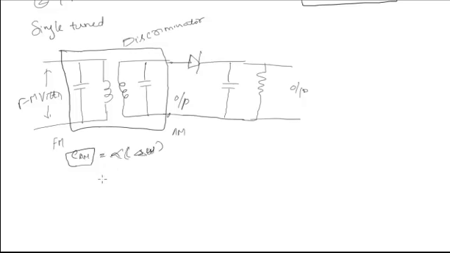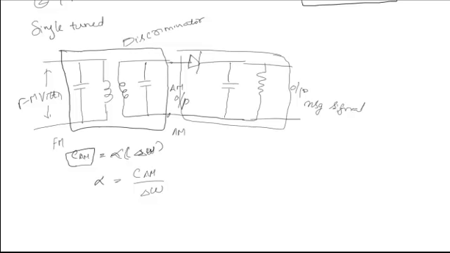So the output voltage in the case of AM is directly proportional to the change in frequency, where alpha is a constant given by the ratio of output voltage to the input variation in frequency. From here we get an amplitude modulated wave. When the amplitude modulated wave is given to an envelope detector, we get the message signal, which is nothing but the baseband signal which we had given. The merits of this are that it's simple and inexpensive, whereas it has many disadvantages and hence it's not used.